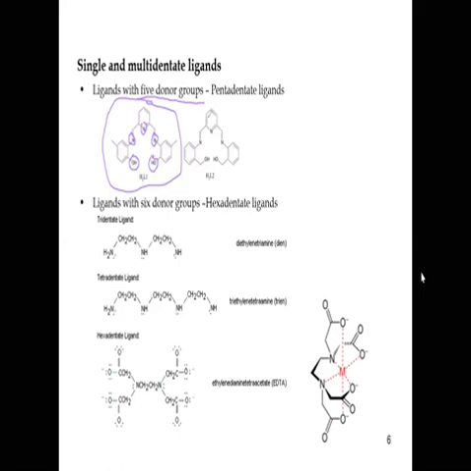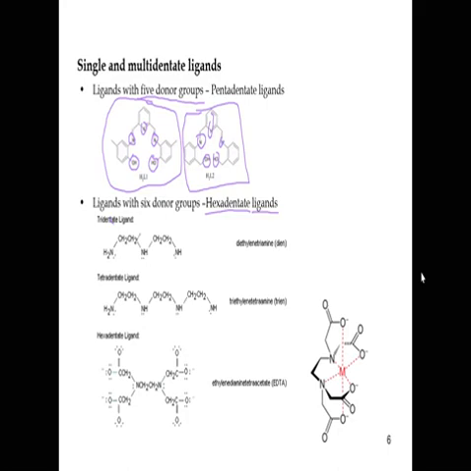Similarly, if you look at this example, again this one, and again three, this nitrogen. Those are examples for pentadentate ligands. Then the ligands with six donor groups, which we call hexadentate ligands.